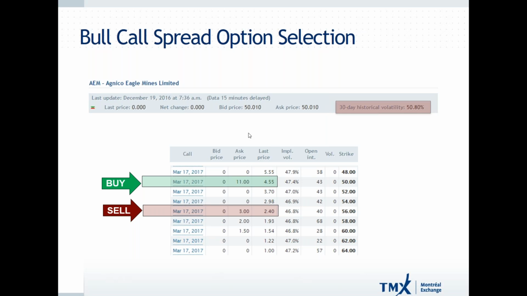And what you'll see here is that also equates to a very high implied volatility. As the buyer, we are buying implied volatility, and so we lose if that implied volatility contracts. But as the seller, we're selling implied volatility, and we gain when that implied volatility contracts.